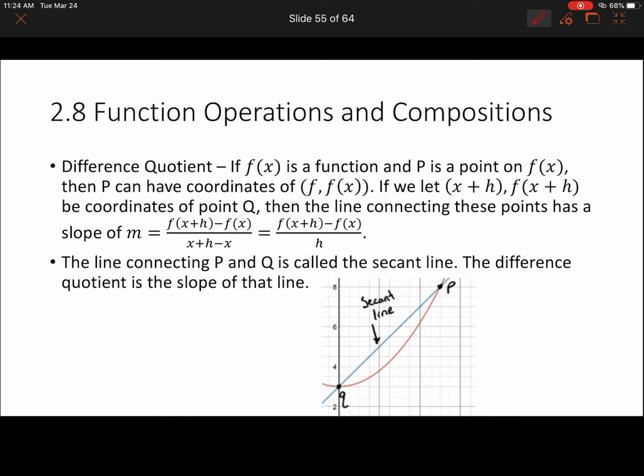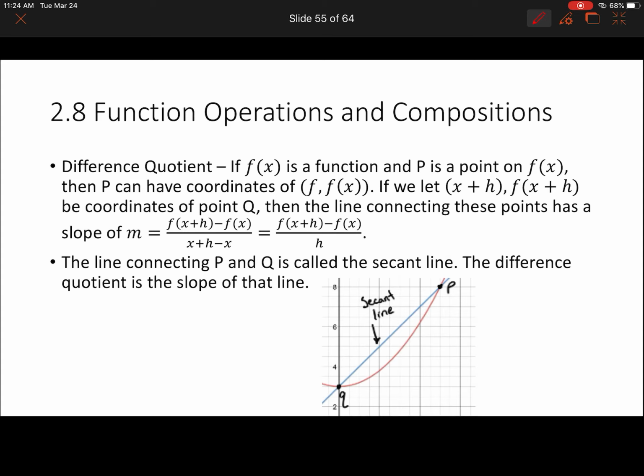Okay, so we've talked about slope. That's something that we will talk more about moving forward, but that is something that is going to be common to you. This difference quotient allows us to find that slope.